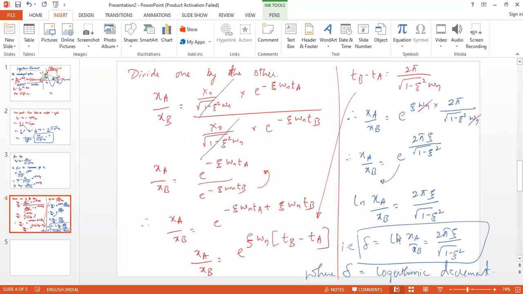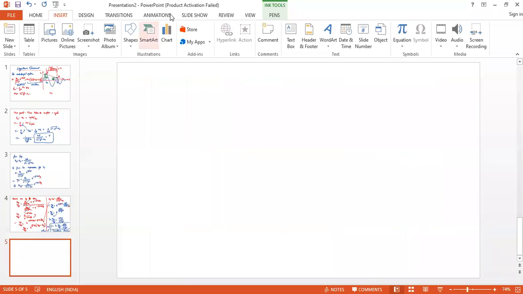And this equation is for two successive amplitudes.